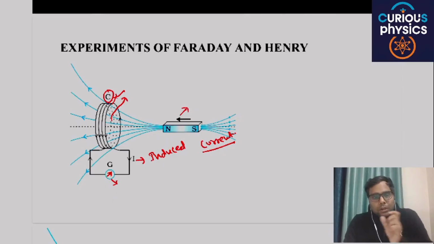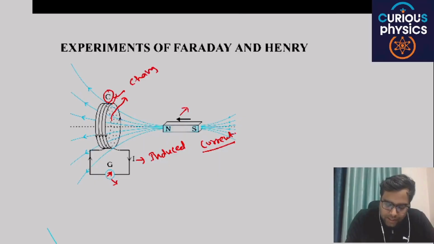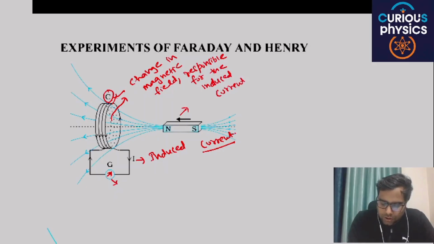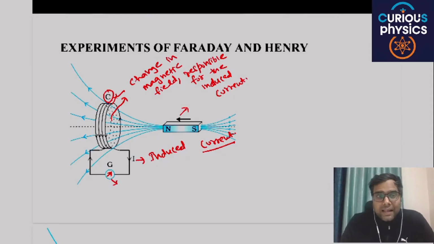With the movement of the magnet, the magnetic field is changing in the coil. This change in magnetic field is responsible for the induced current. This was the first experiment.